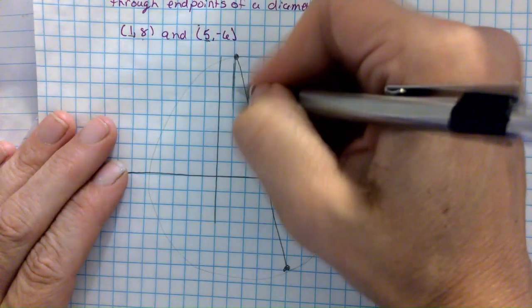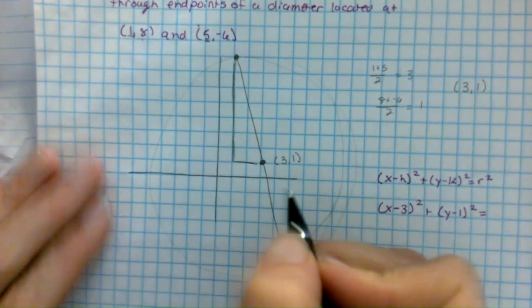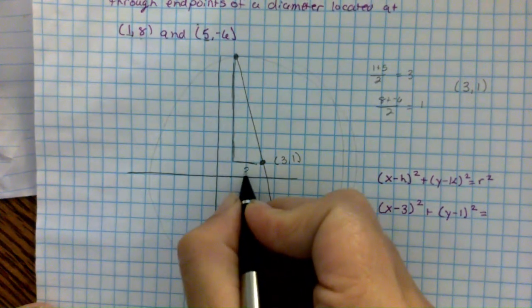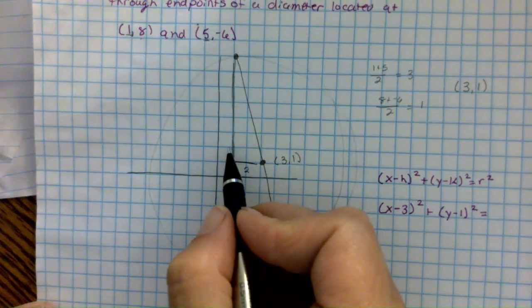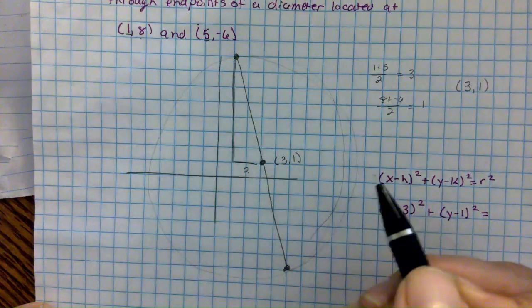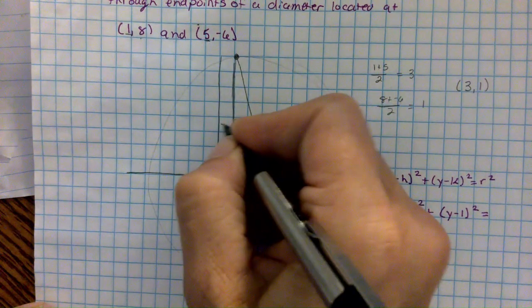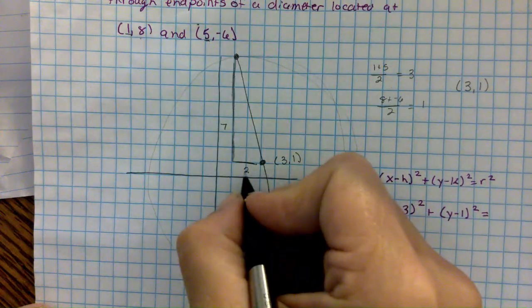Because we graphed it on graph paper, finding our radius is not hard. You see this is 2, and we've got 1, 2, 3, 4, 5, 6, 7, right? Okay, so now we can do the Pythagorean theorem to get our radius.